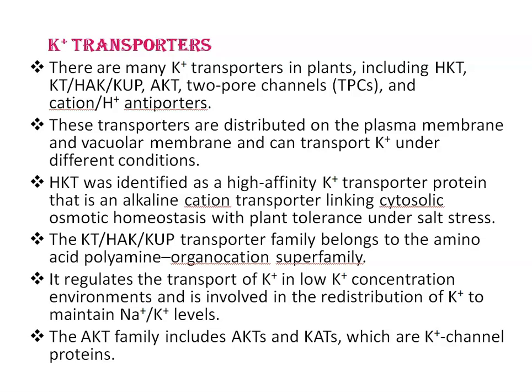These transporters are distributed on the plasma membrane and vacuolar membrane and can transport potassium ion under different conditions. HKT was identified as high affinity potassium ion transporter protein, that is an alkaline cation transporter linking cytosolic osmotic homeostasis with plant tolerance under salt stress.